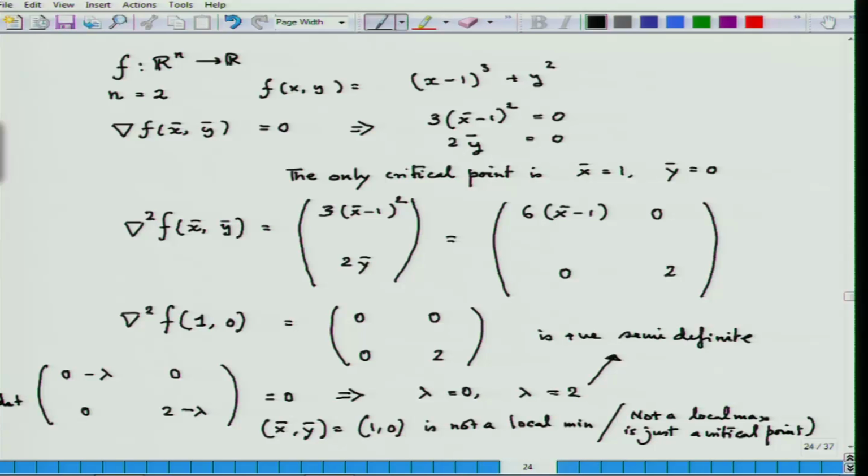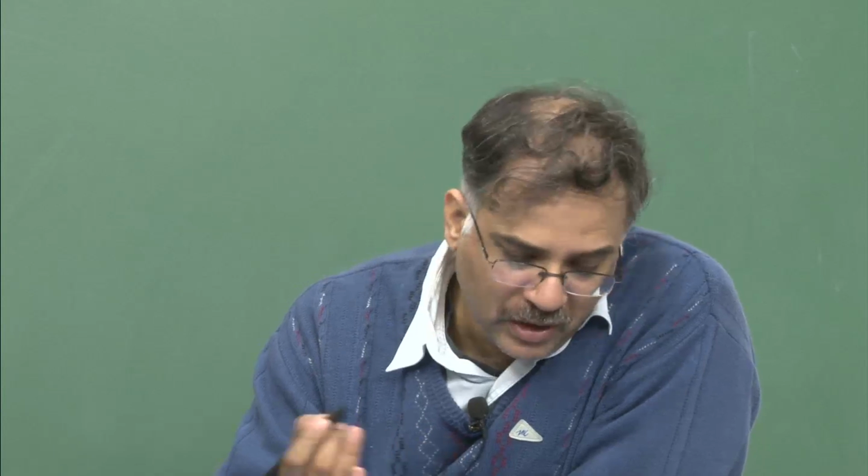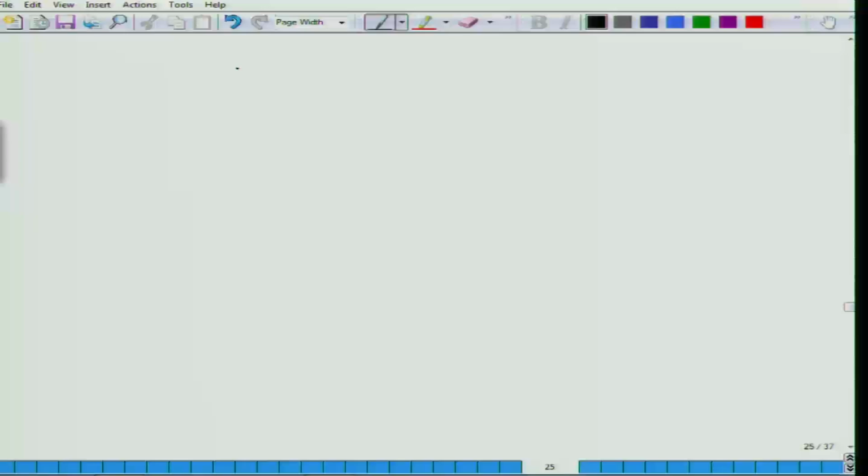So, let us see how the theorem allows us to decide for some other case whether a point is a minimum or maximum, and you see how sometimes second order conditions can become quite useful. For example, you take a quadratic function f(x).